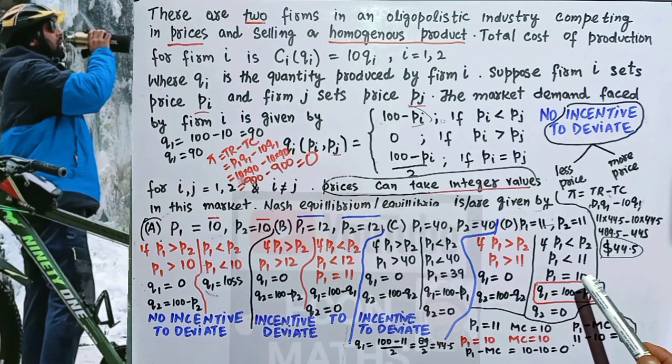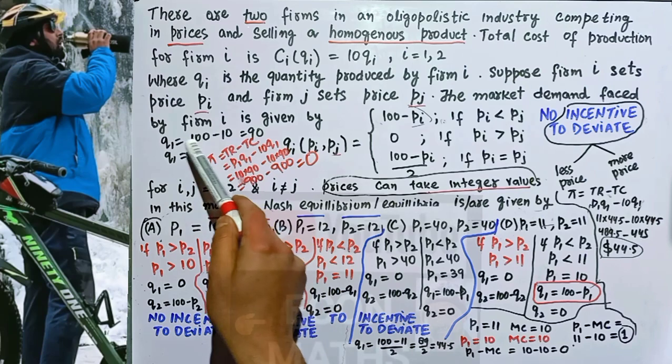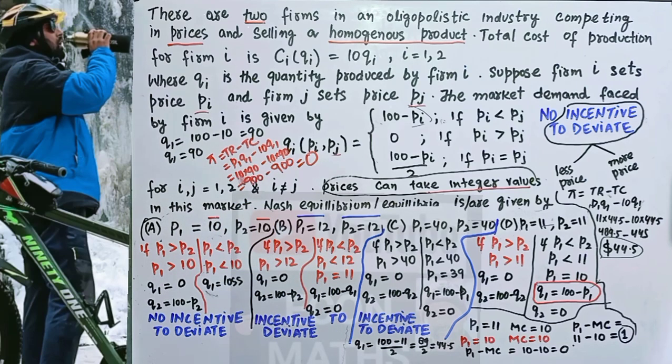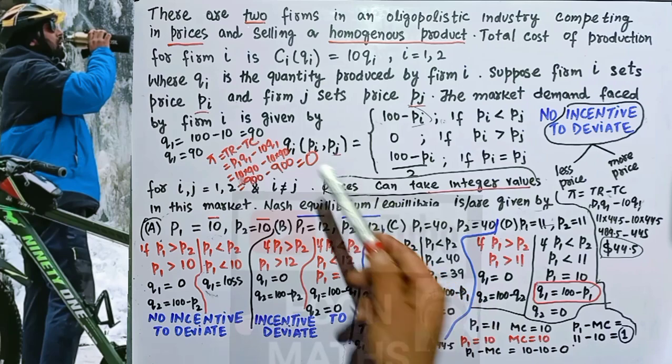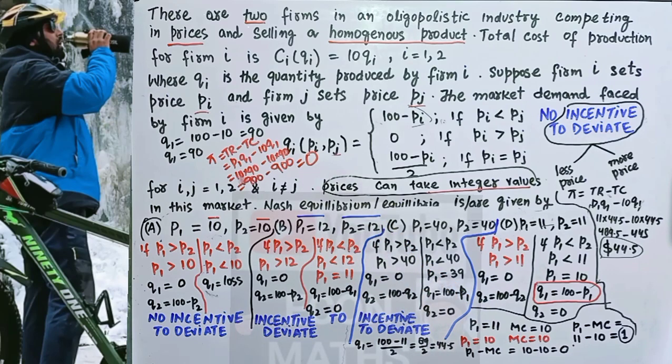Okay, so firm 1 is getting all the market. He is able to get all the market of 90 units, but he is making zero economic profit when he tries to set a price less than his competitor's.